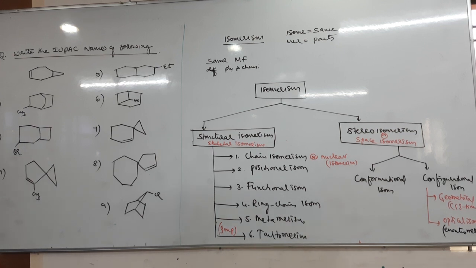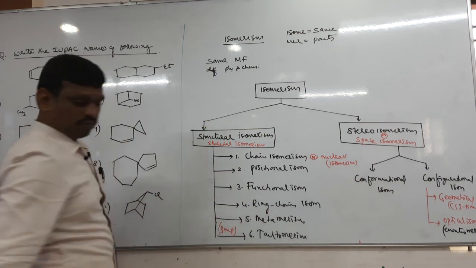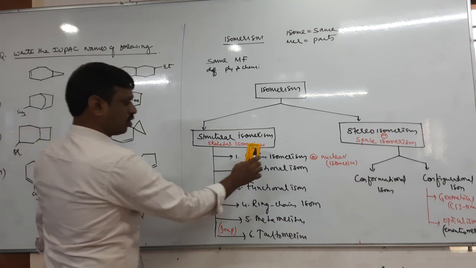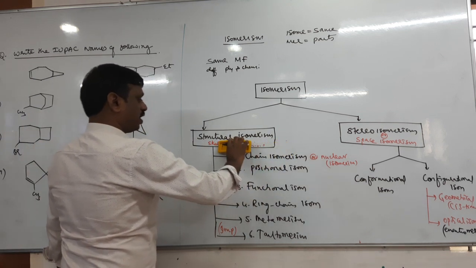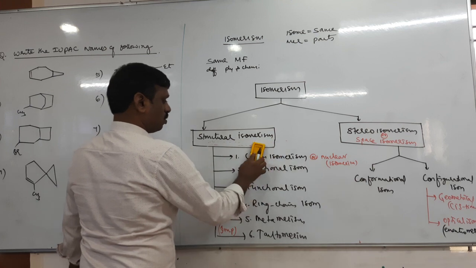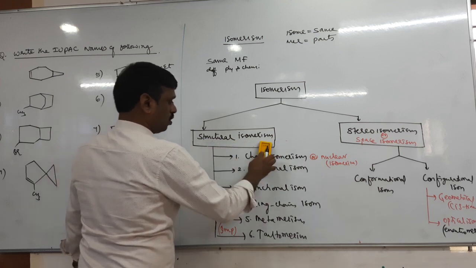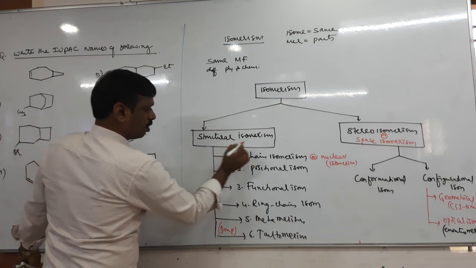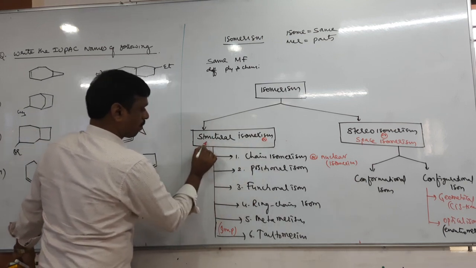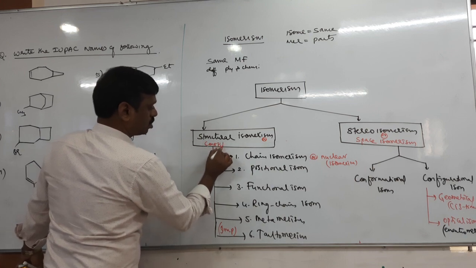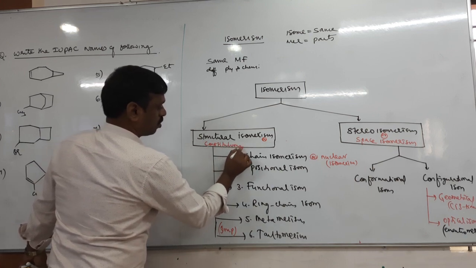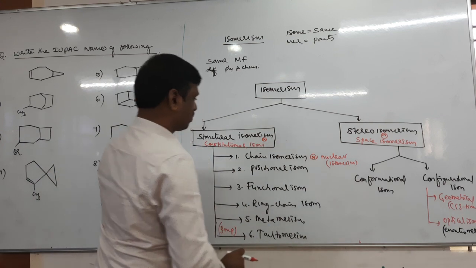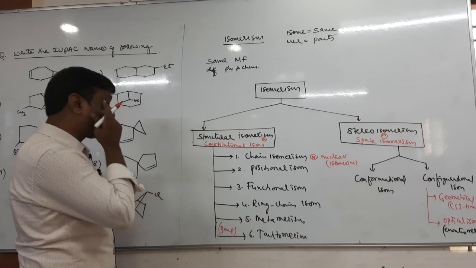Next, you take it like this: isomerism is classified into structural, also called constitutional, and stereo, also called space.